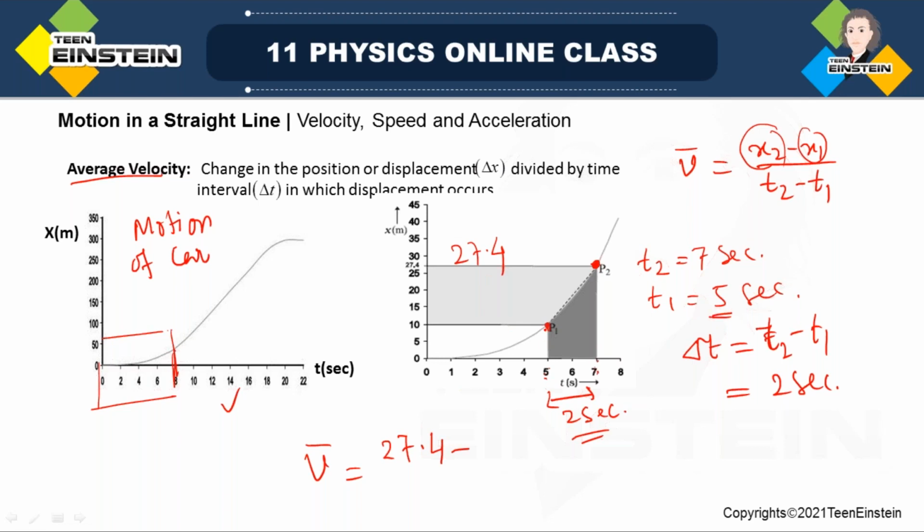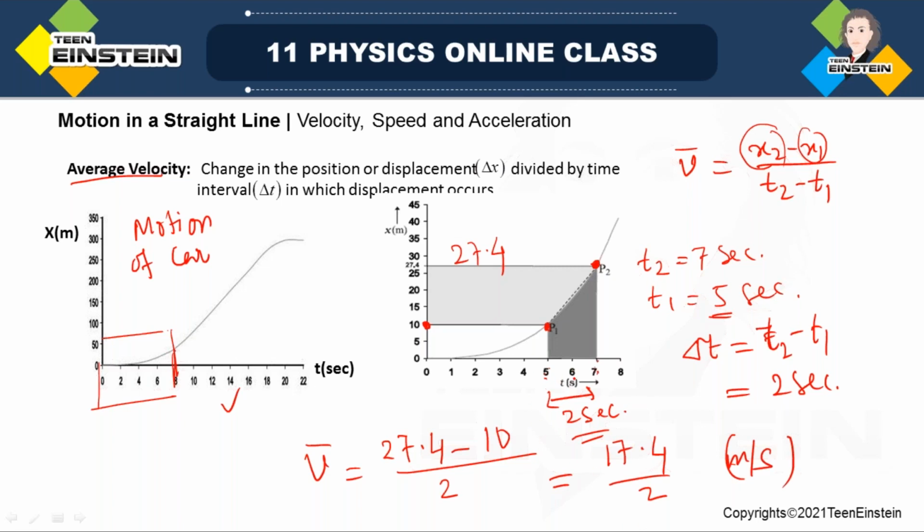At t1, 5 seconds, the position of the car is 10. So x1 is 10. Divide by the time interval of 2 seconds: 17.4 by 2, and you can find the value.